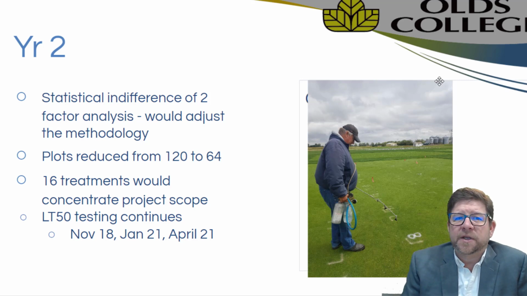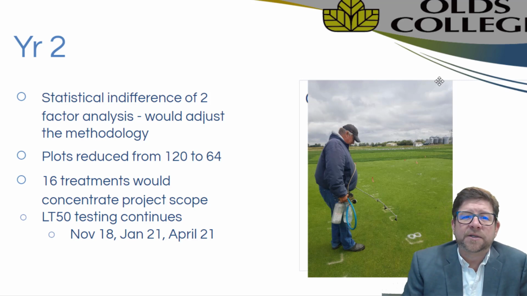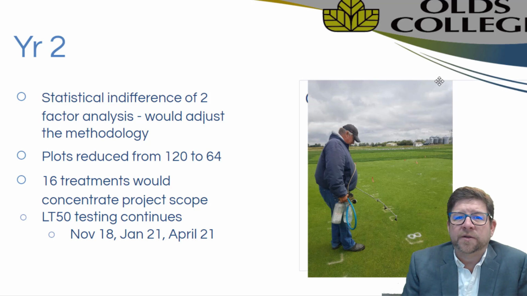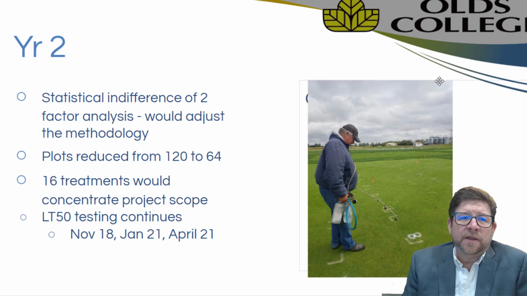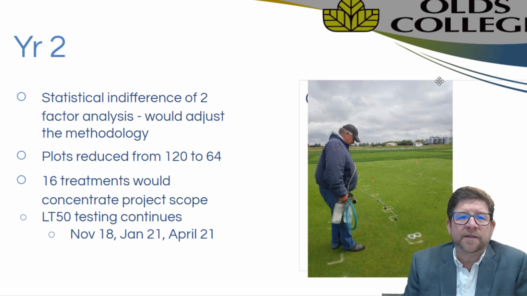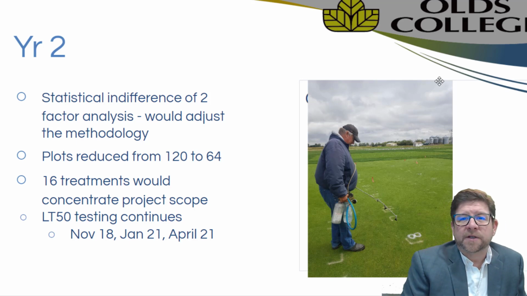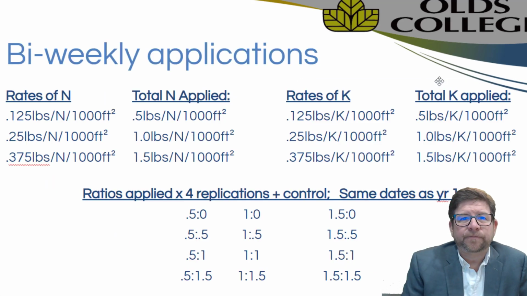So we reduced the plots from 120 to 64. 16 treatments instead of 32 would concentrate the project scope onto those parameters that we've identified and wanted to narrow. So the LT50 process continued November 18th during the hardening stage, January 21st, presuming that was fully hardened, and April 21st in the springtime during the dehardening process.